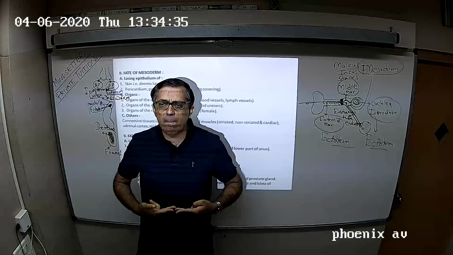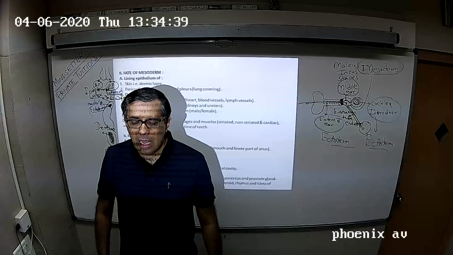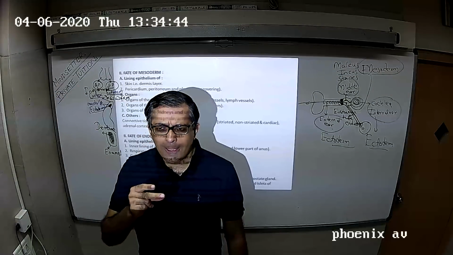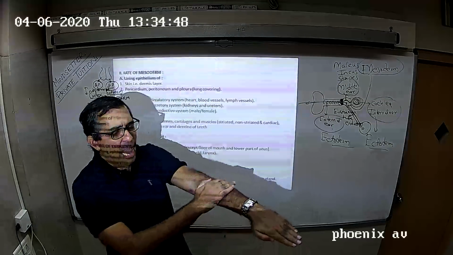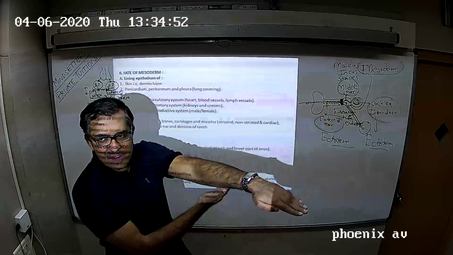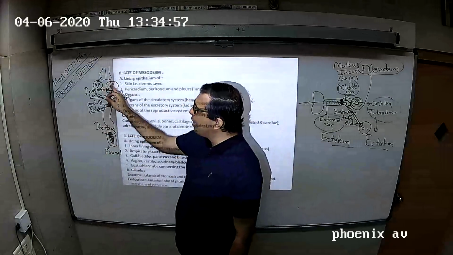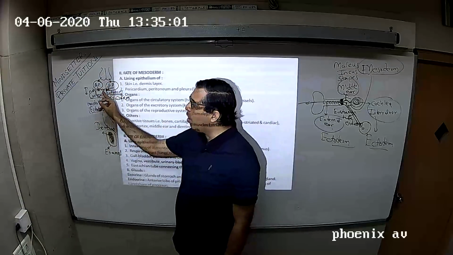Sir, where does pericardium, pleura, peritoneum develop from? Mesoderm. Where does epidermis develop from? Ectoderm. Where does dermis develop from? Mesoderm. Where does posterior pituitary develop from? Ectoderm. Where does anterior pituitary develop from?